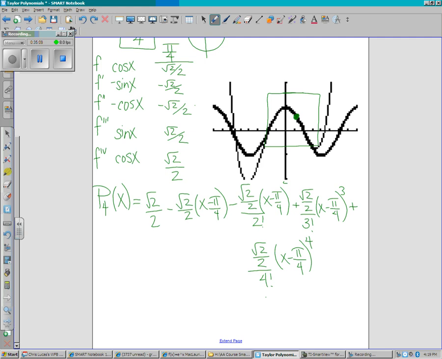So you say, so what? Well, polynomials, as you may or may not know, are much easier for machines to deal with than transcendental functions.